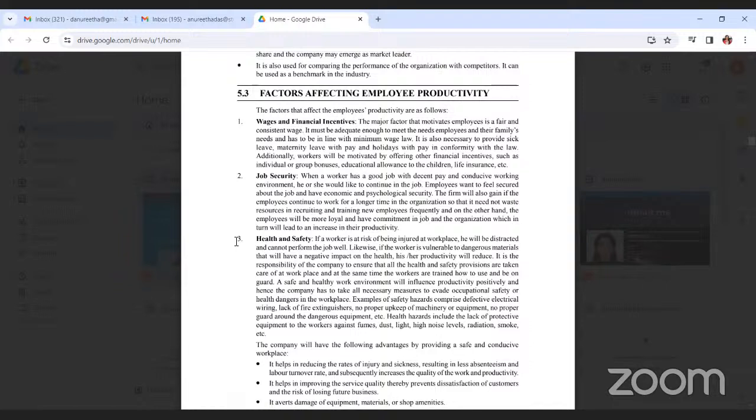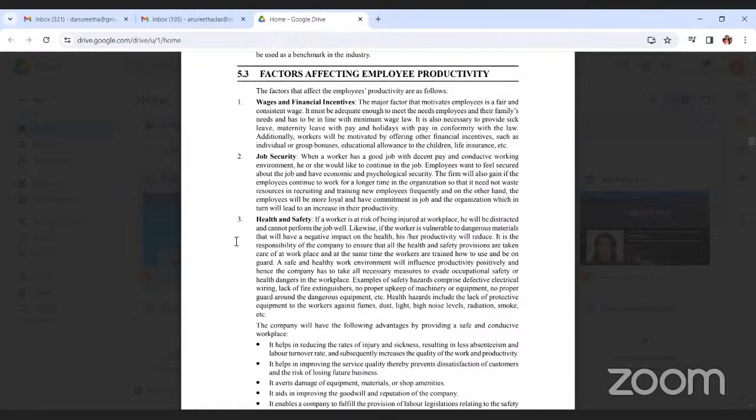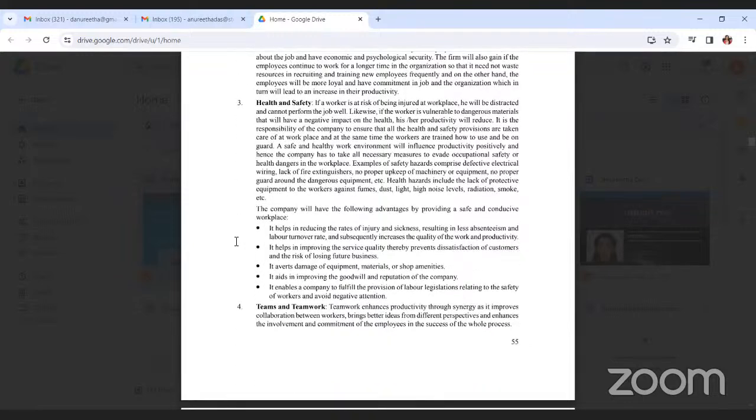So the employee will definitely continue in an organization for a long time, knowing that he has a correct format of recruiting and training the employees, and he will definitely be loyal and committed to work. Health and safety is one of the most important things in order to get productivity out of employees. What kind of safe and healthy working environment is useful for a productive and positive work environment.